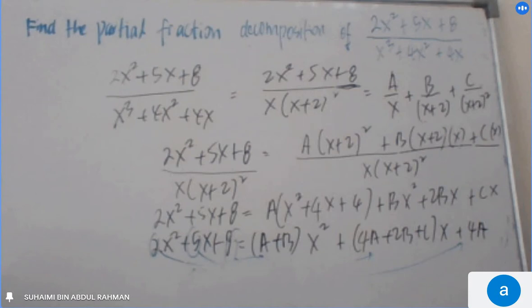Right, we are still in chapter 3, polynomials and rational functions. We already finished part of the polynomials. Now we move to the parts of rational functions.